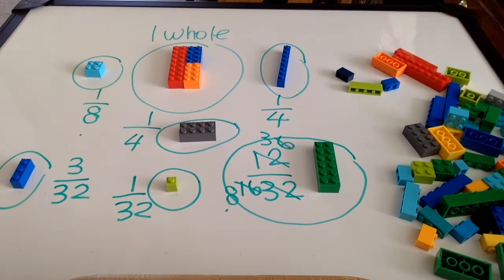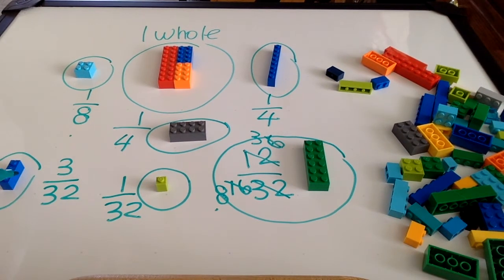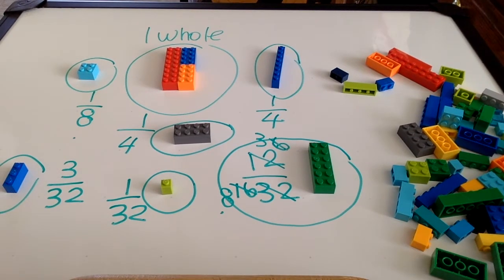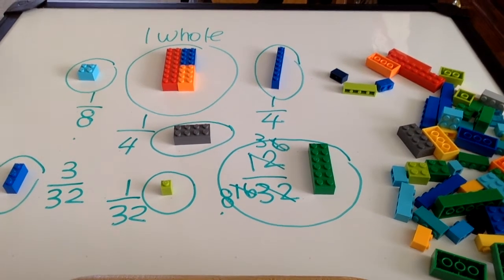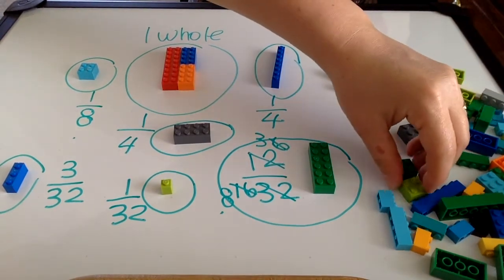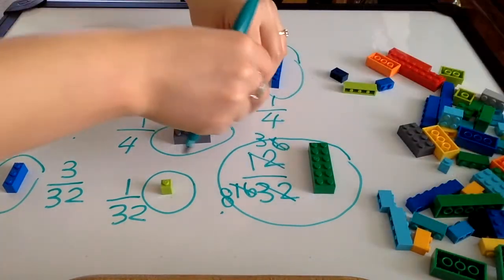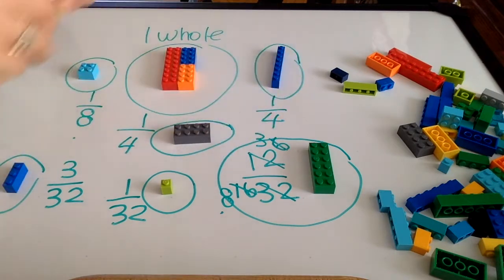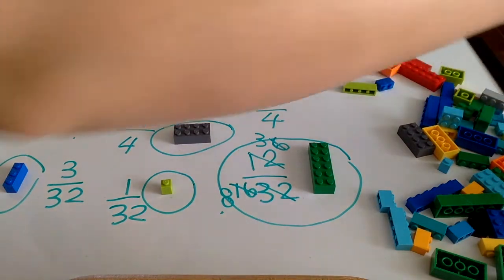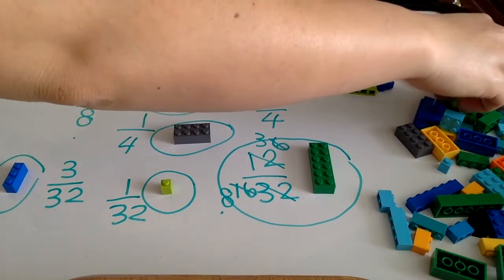So this is 3/32. And what else can I do? What haven't I done? So what if I had 3 of these ones? Would that be the same as this one? So maybe not that. So something a little different. Okay, so what if I had 4 of these?